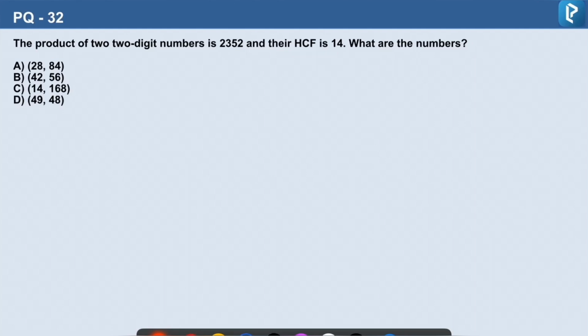So the non-common factors are x and y, and the product of the common factors is 14. So their product is 2352.